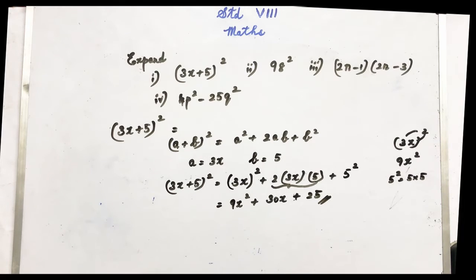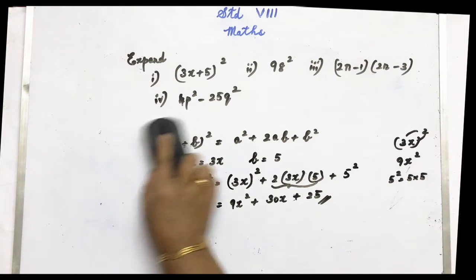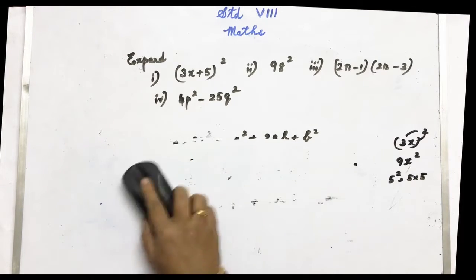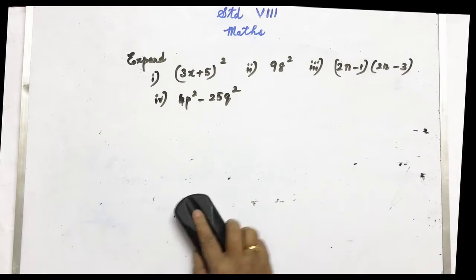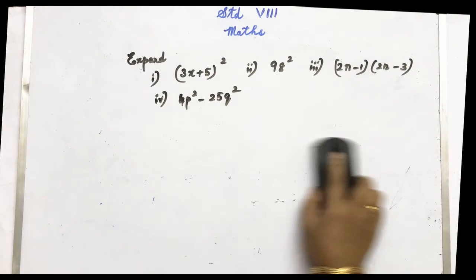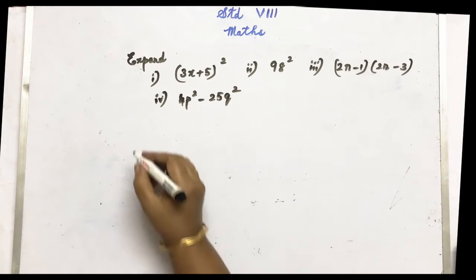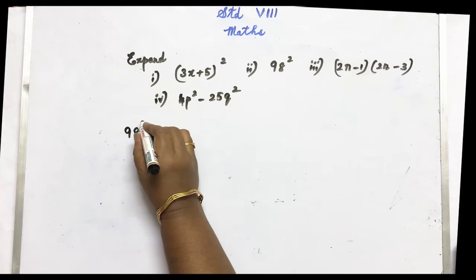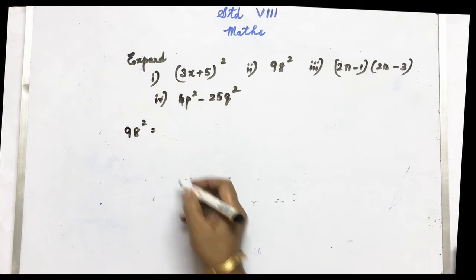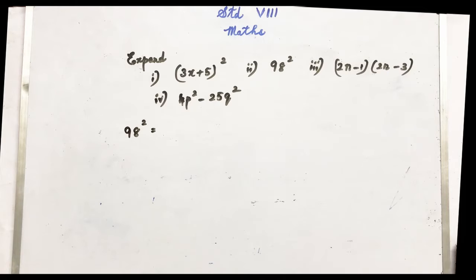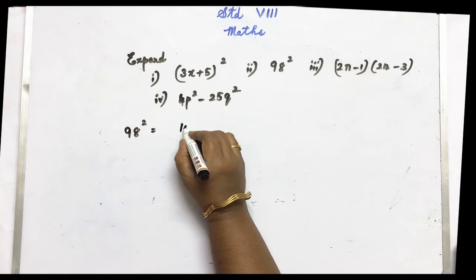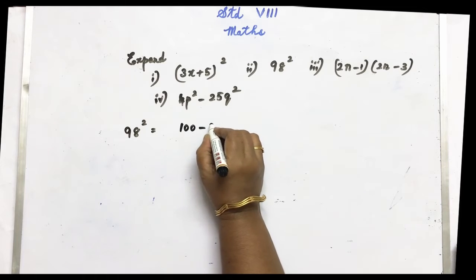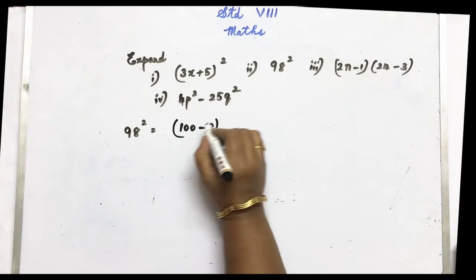Now next we will do the second sum, that is 98 squared. So for 98 squared we have to use an identity, we should not multiply 98 into 98. 98 can be written as (100 minus 2) whole squared.